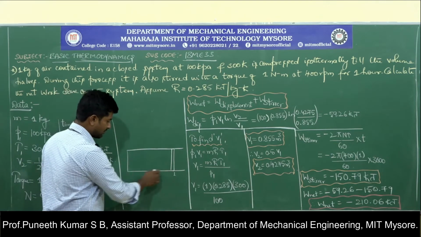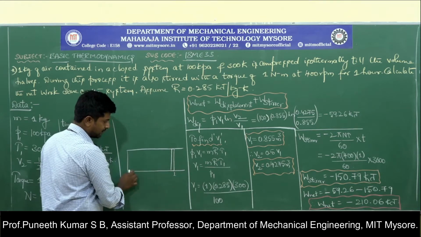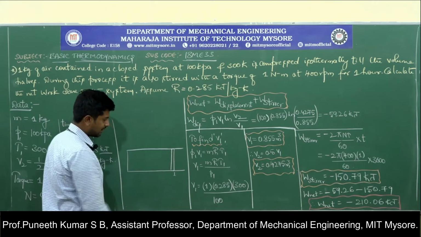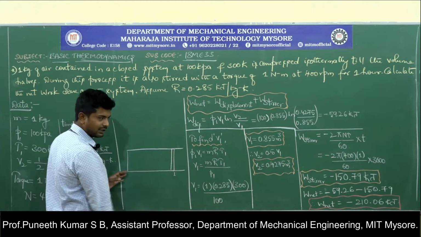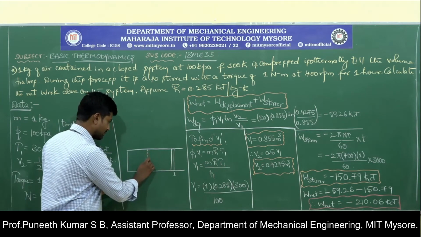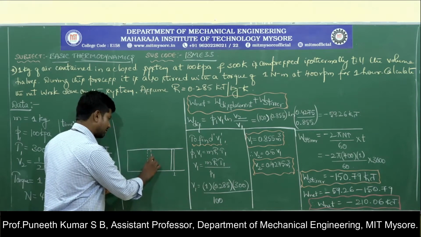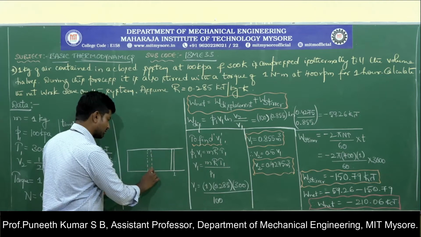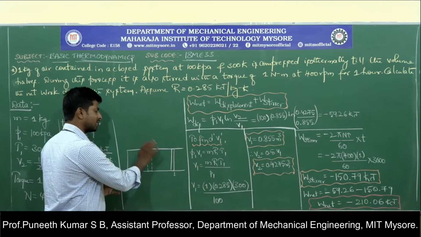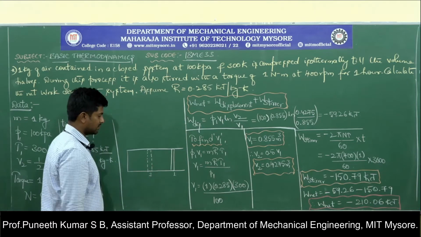So now the initial volume is the available volume at this particular point. Now the final volume should be half of the initial volume. That means I need to place the piston in such a way that the volume available to the left of the piston should be exactly half of the initial volume. Now I will say this is the second position of the piston.